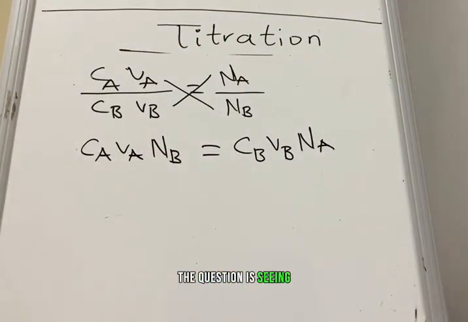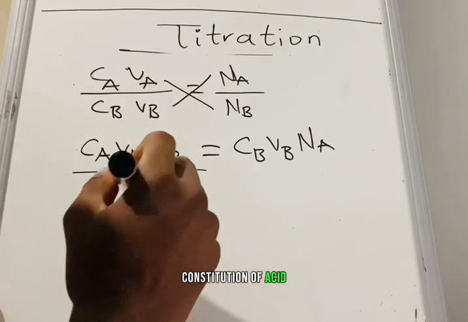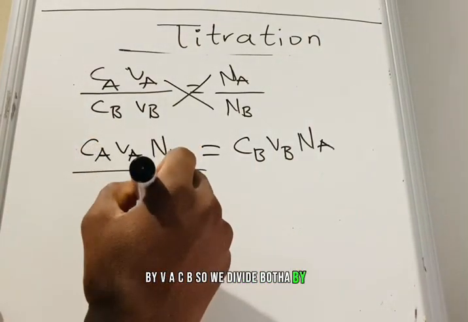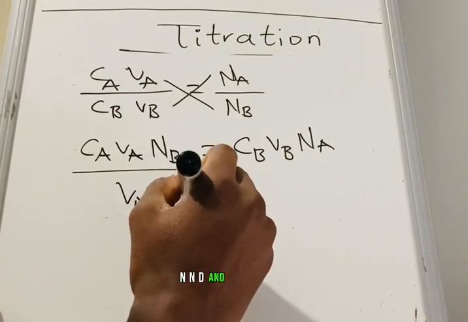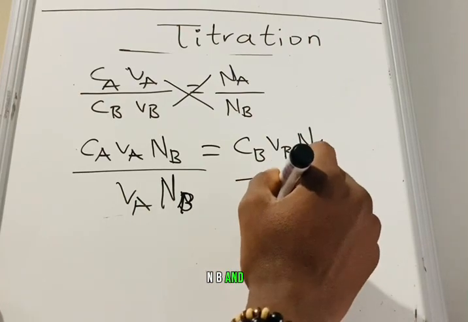The question is saying we are looking for the concentration of the acid. So in order to find the concentration of the acid, we're going to divide both sides by VA and NB.